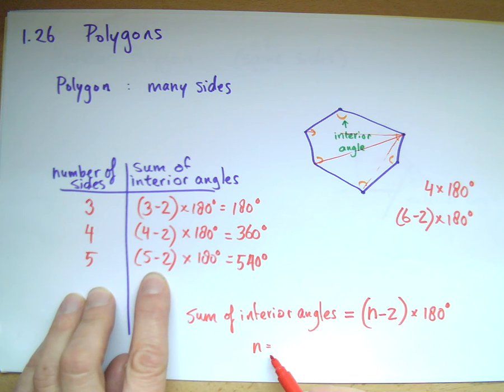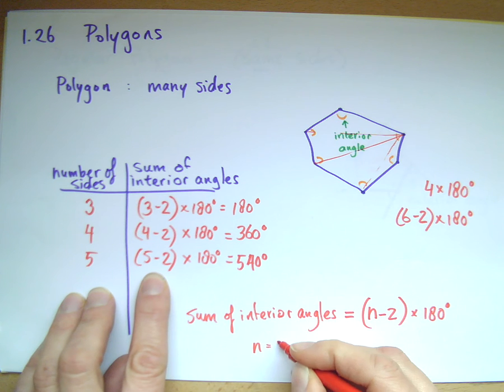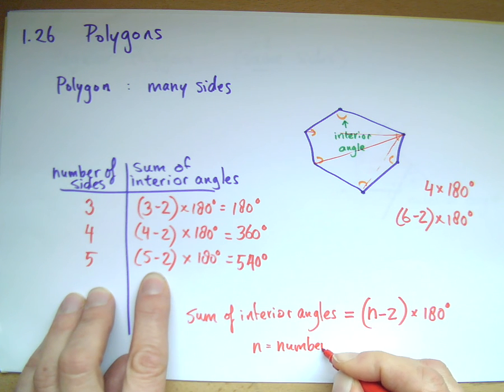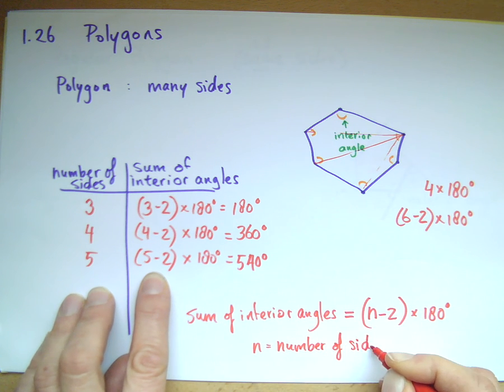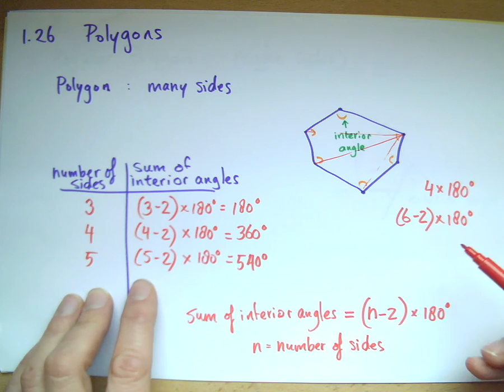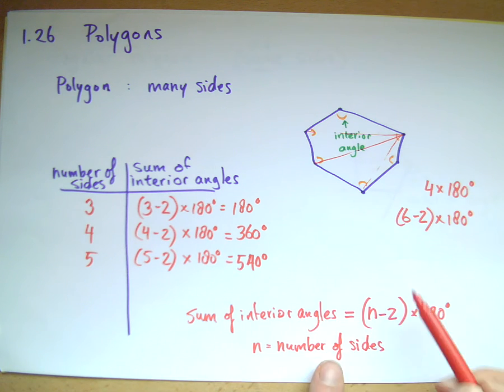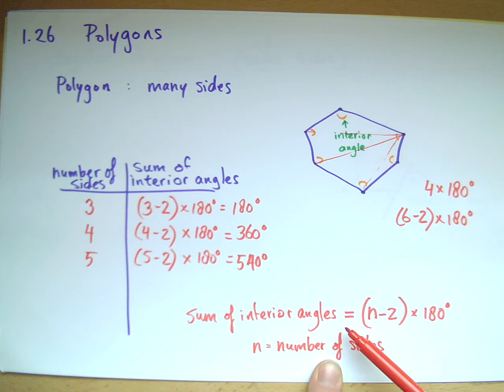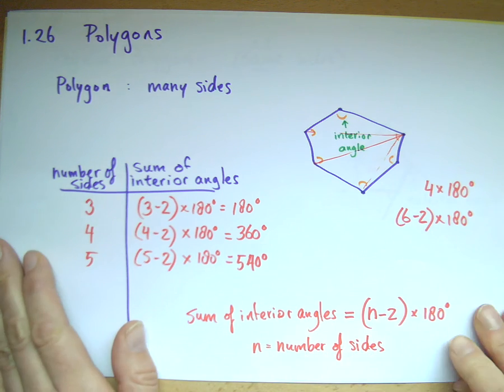N represents the number of sides. So in any polygon, no matter how many sides it has, you can find the sum of its interior angles with this formula. Okay.